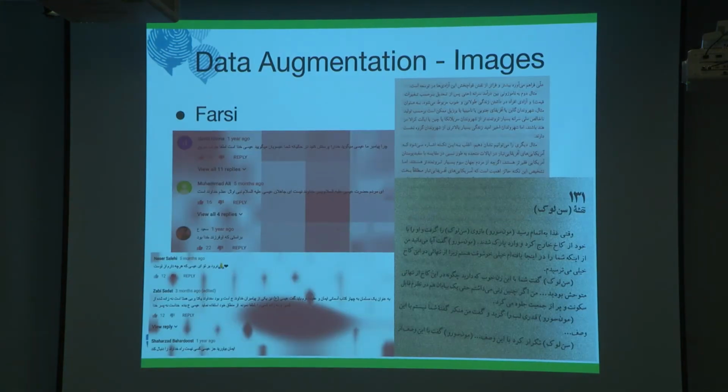So for example, these are some of the images in Farsi. Within the YAML data set, there are about 1,000 images per language. So I randomly went through the ImageAug package and found different augmentations to apply. As you can see here, this example has a lot of noise.